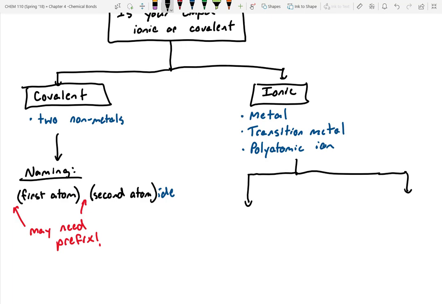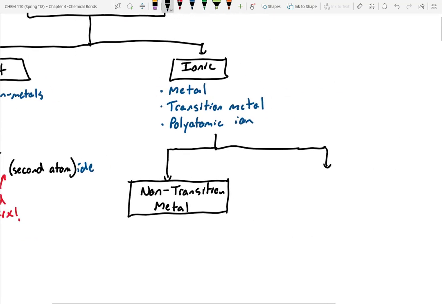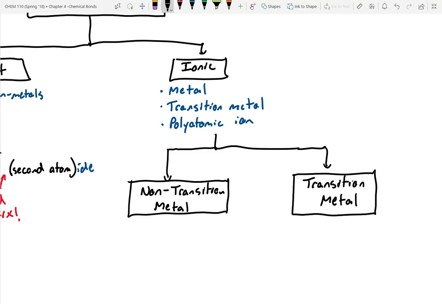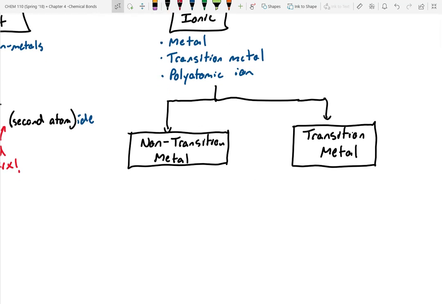So the first one is with a group, or actually I'm just going to say non-transition metal. And then the second one is if you have a transition metal. All right, and if you remember, the naming for a transition or a non-transition metal is pretty simple.